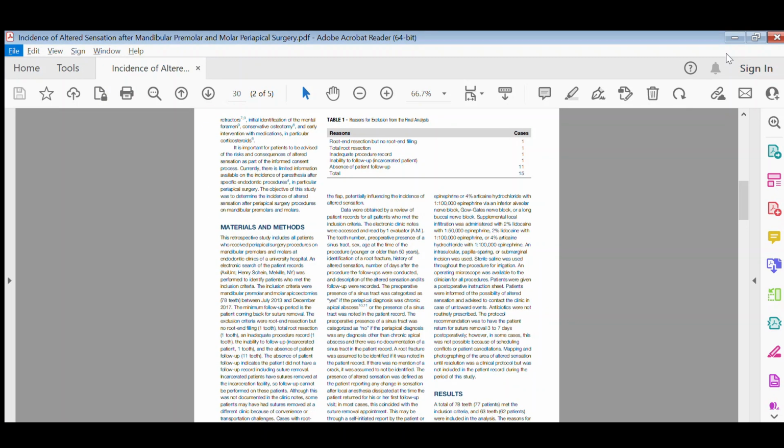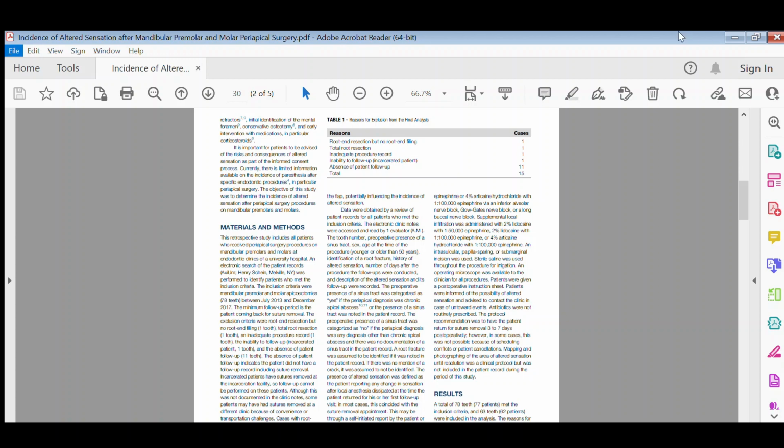This retrospective study included all patients who received a periapical surgery procedure on mandibular premolars and molars at the University Hospital endodontic clinics. The inclusion criteria were mandibular premolar and molar apicectomies of 78 teeth between July 2013 and December 2017, and the minimum follow-up period was the patient coming back for suture removal.